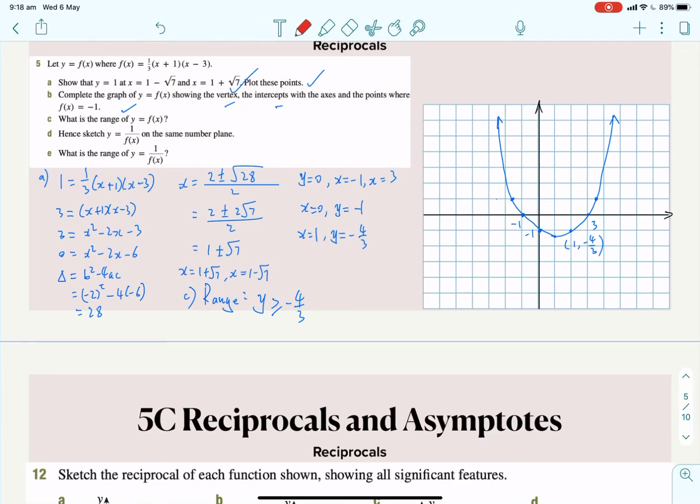Now, this is the hard part, okay? First of all, we need to draw the reciprocal, y equals 1 over f(x).